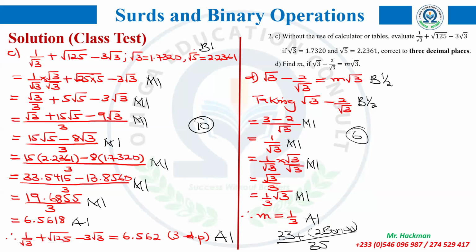This must be underlined, very critical. It means your answer must be left in the decimal form. That's why I said avoid decimals unless otherwise stated. Here we cannot avoid it because it is otherwise stated. So without the use of a calculator, you hide your calculator if possible to avoid any temptation. Like I said, you can use your calculator along the line, no one will know.